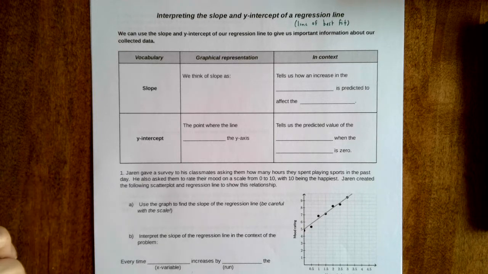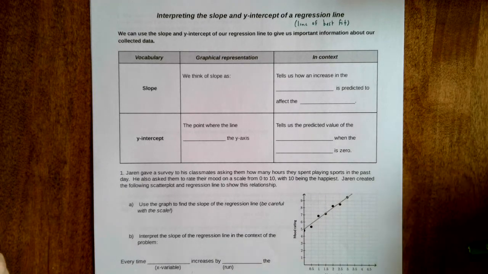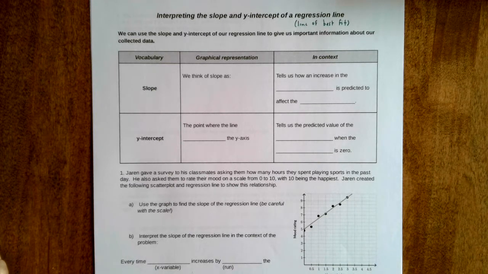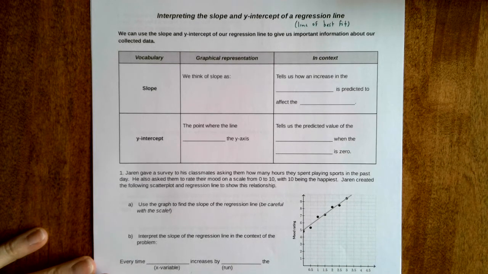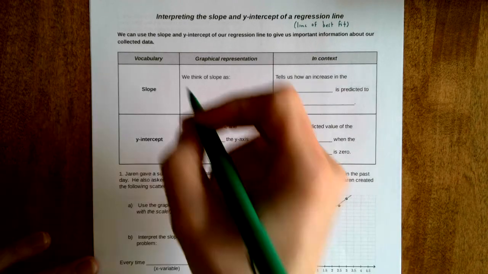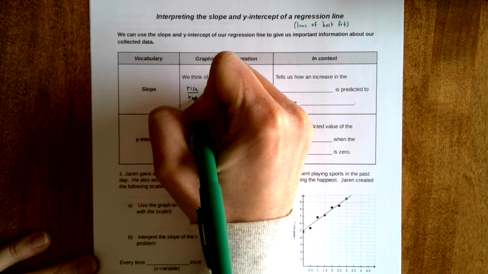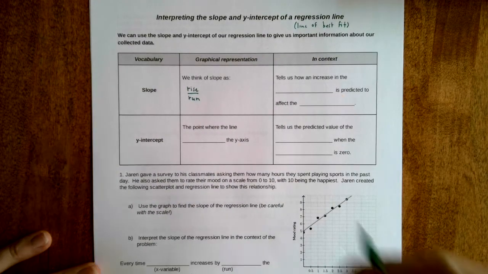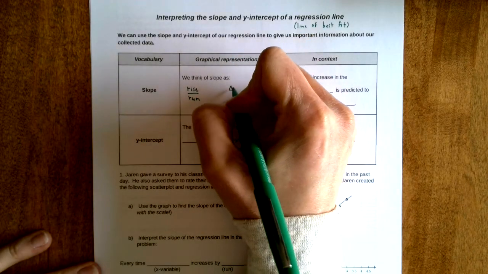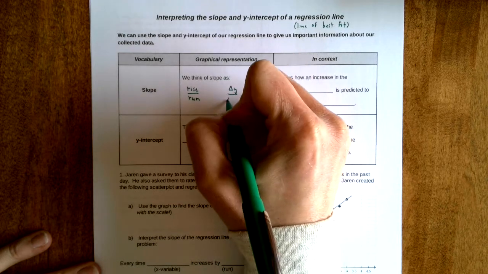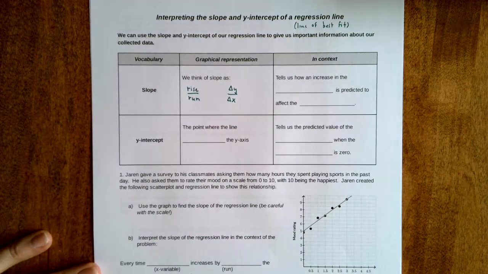So the big idea is that we can use the slope and the y-intercept of our regression line to give us really important information about our data. So the slope, if you remember, we think of slope as either the rise over the run, and a lot of times we'll talk about that when we're looking at a graph, or we can think of it as the change in our y variable over the change in our x variable.